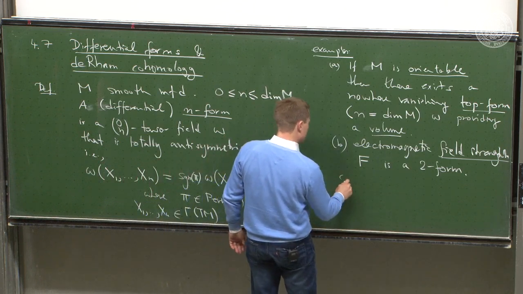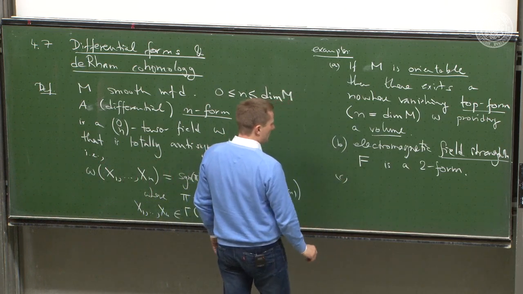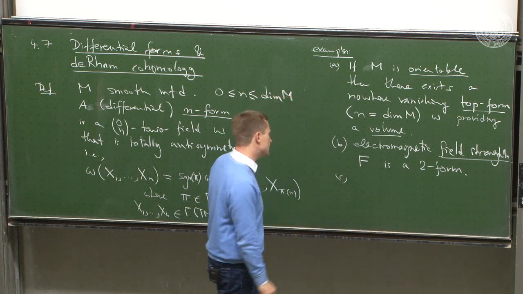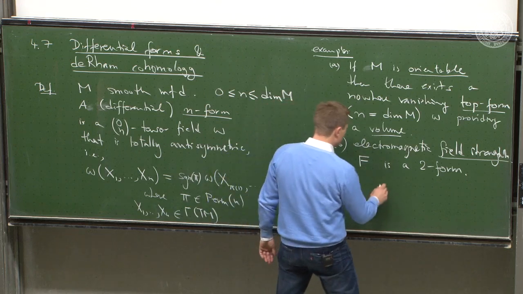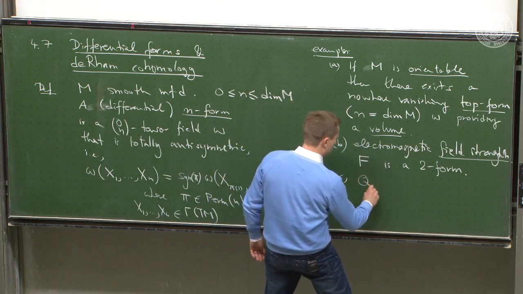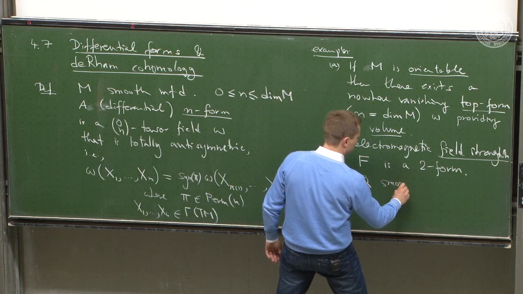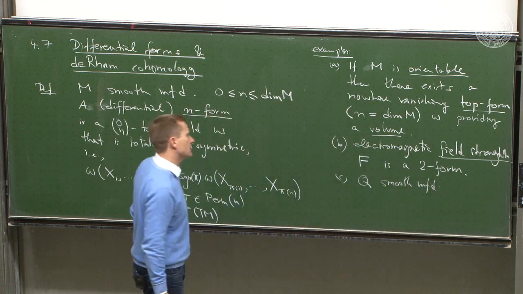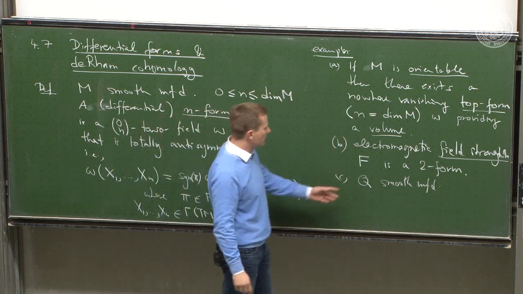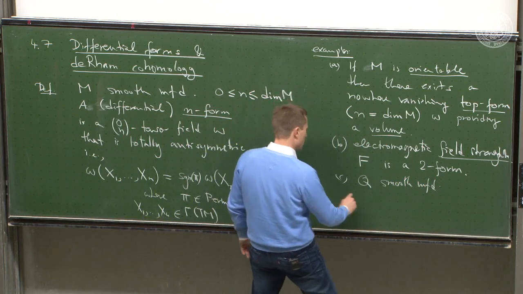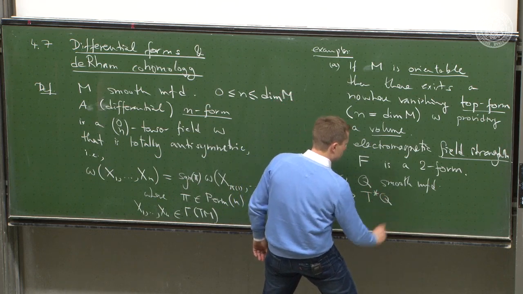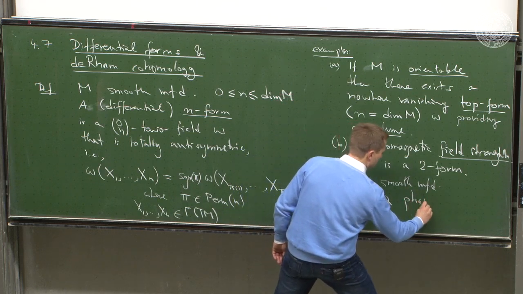And finally, C: in classical mechanics, on classical mechanical phase space, let's be more concrete. If Q is a smooth manifold that in classical mechanics describes the configurations of your system, then the phase space is T*Q.